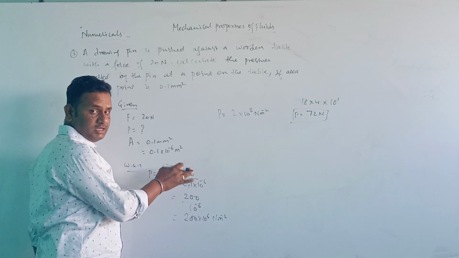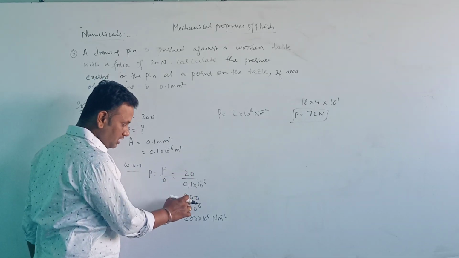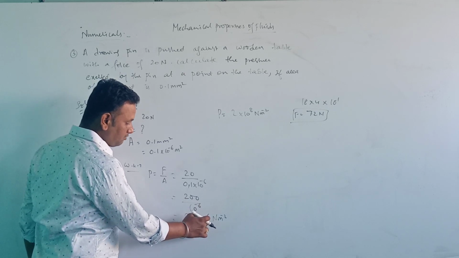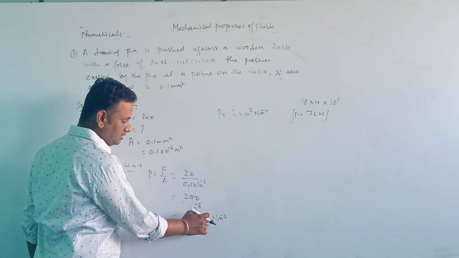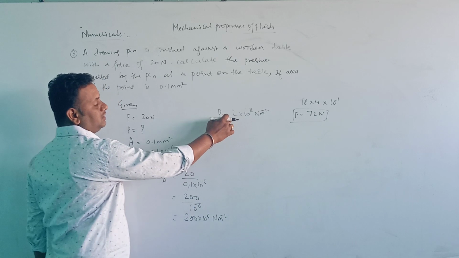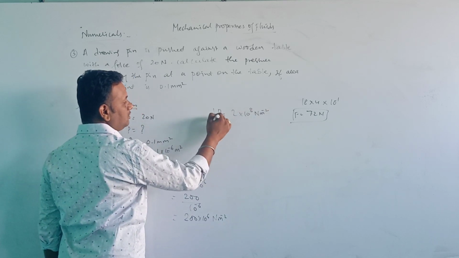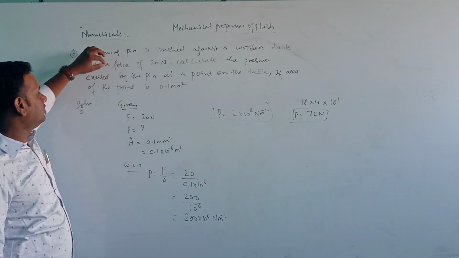For your easy understanding, I am explaining it step by step. It becomes 200 into 10 to the power of, again it goes to the numerator, 4 plus 6. So 200 into 10 to the power of 6, calculated as 2 into 10 to the power of 8 Newton per meter square, which is the pressure acting on the table.